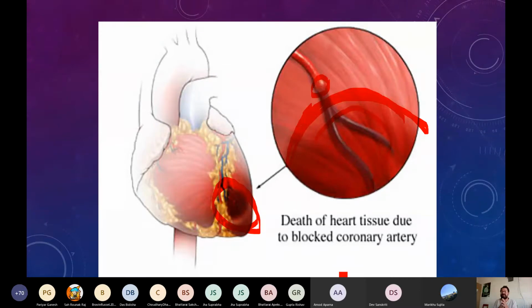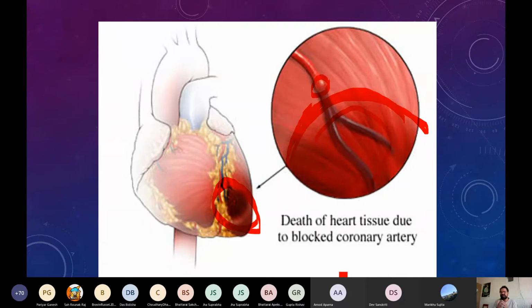The patient might not even survive till hospital, because if it is a whole big chunk of heart muscle, then obviously it will not be able to pump. So the complication here will be pump failure. Most of the time, the initial death of the patient can happen in two different ways. One is electrical failure, which will happen because of a conduction problem.